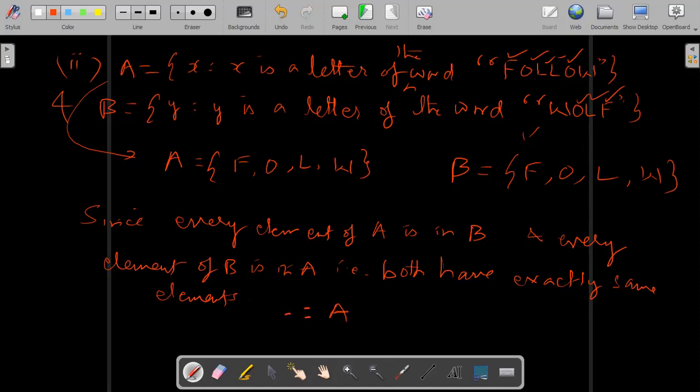Therefore, we can say set A is equal to set B.